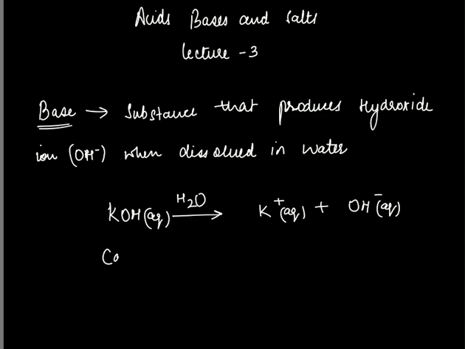So if calcium hydroxide is there, it can release two hydroxide ions and one calcium ion, if you can see this. Again, all are in the aqueous state. So we don't have a trickier part in the bases. It's very easy to understand.